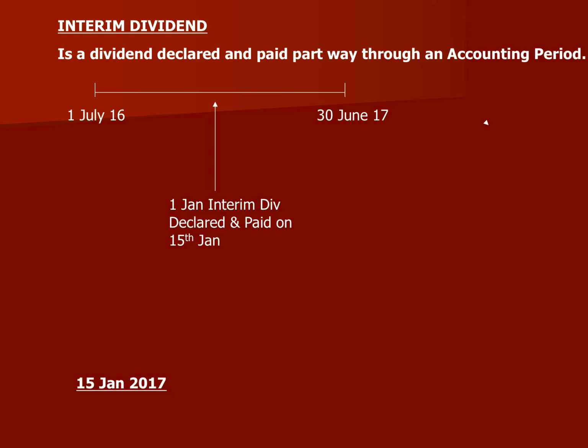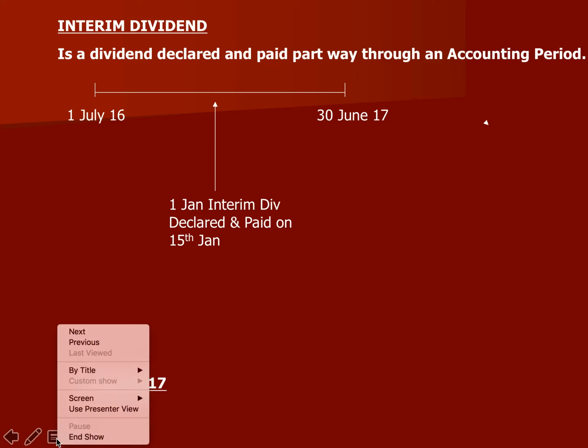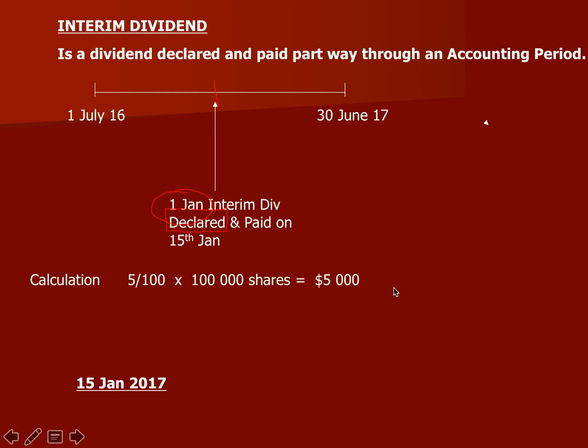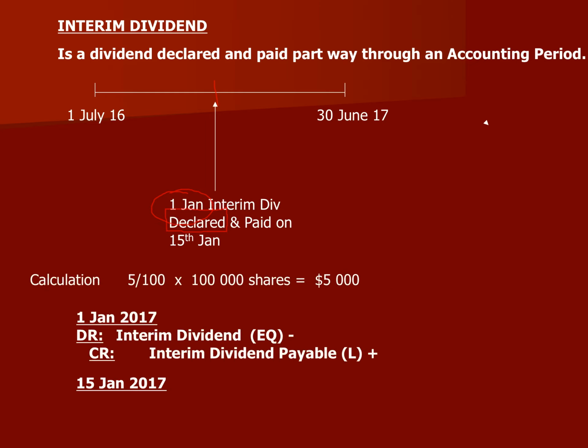Now the accounting entries are a little bit different here. Let's look first of all at what happens on the 1st of January. On this date, because the dividend is declared and doesn't require shareholder approval, we debit an account called interim dividend, and we credit another account called interim dividend payable.